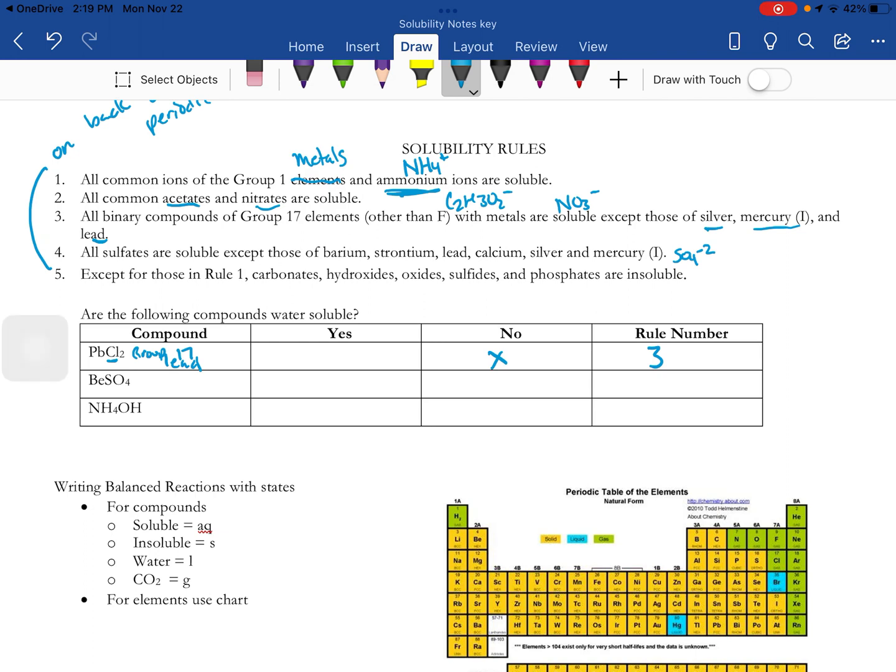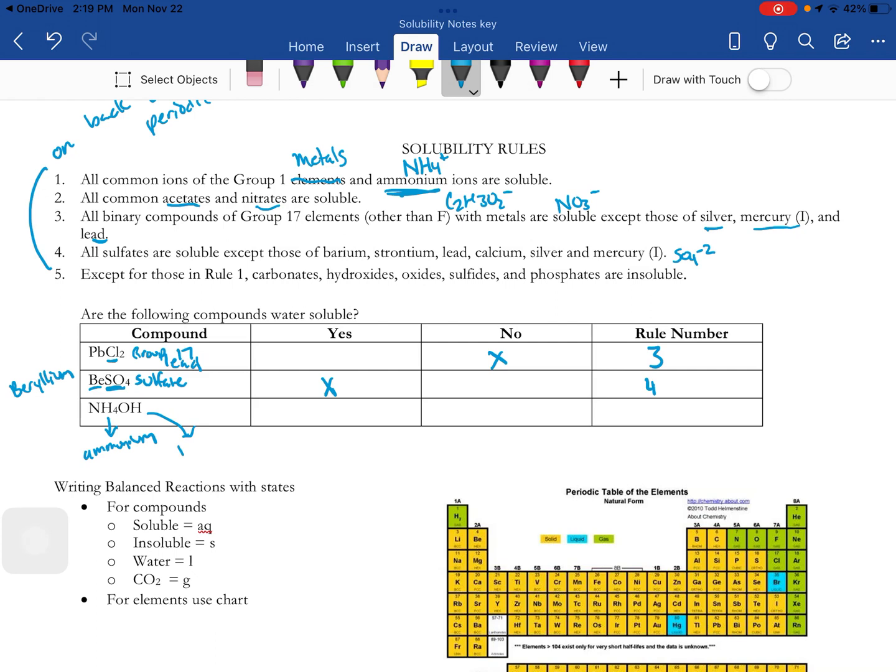BeSO4, well, that's sulfate. So sulfates are soluble except those with barium, strontium, lead, calcium, silver, and mercury. Well, Be is beryllium. Beryllium is not one of those exceptions, so that means it's soluble, and that's rule number 4. NH4, well, this is ammonium.